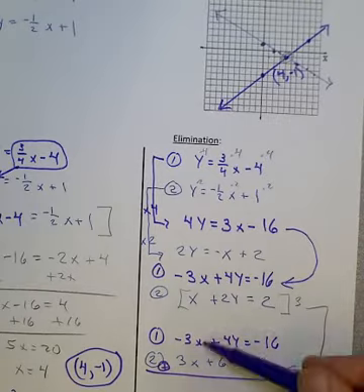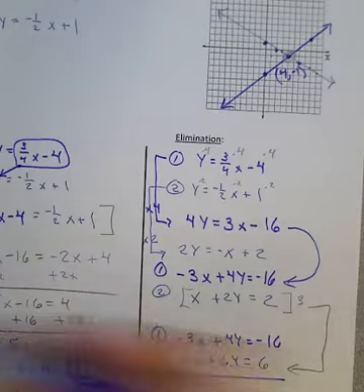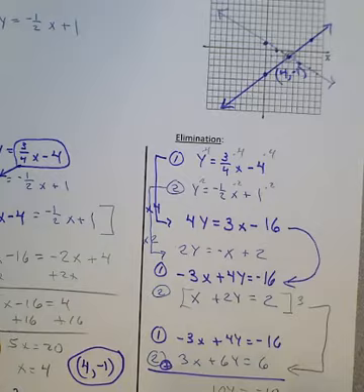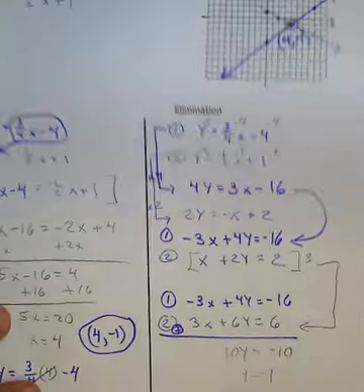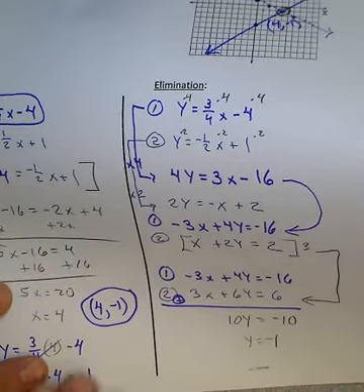Negative 3x plus 3x, gone. 4y plus 6y, that is 10y's. And a negative 16 plus 6 gives me a negative 10. Dividing, I get y equals a negative 1. Just like we did before. So now I know that y equals a negative 1.